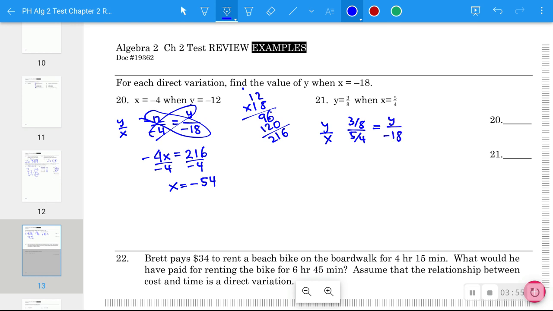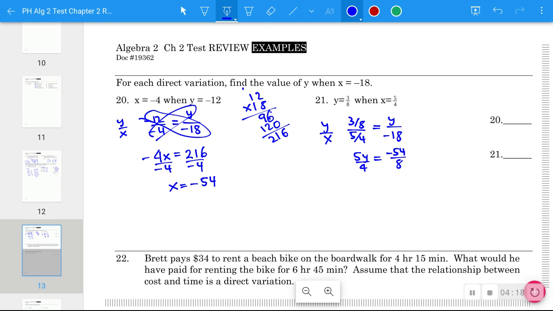Okay, cross multiplying here, it gives 5/4 y. I'm going to write it like this. And 3/8 times negative 18. Let's see. Well, let's just leave it as negative 54 over 8. So I just multiplied 3/8 times negative 18.